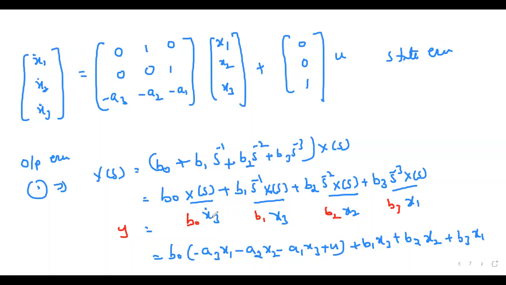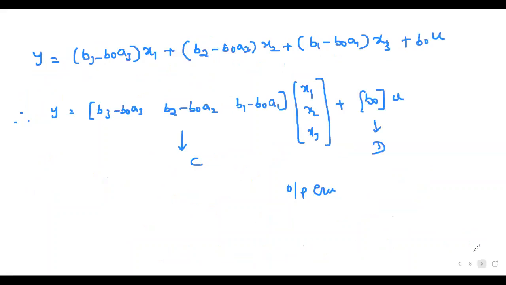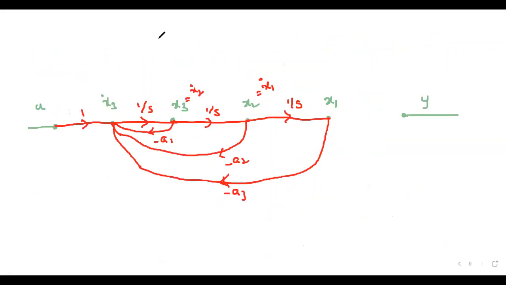We'll implement this. It is very easy because I have the x3 dot node, x3 node, x2 node, x1 node. Therefore, y is equal to, first from x3 dot I get one signal with coefficient b naught.